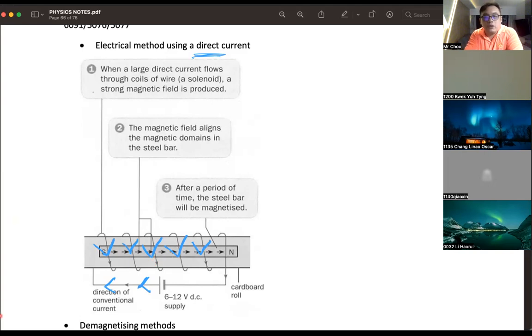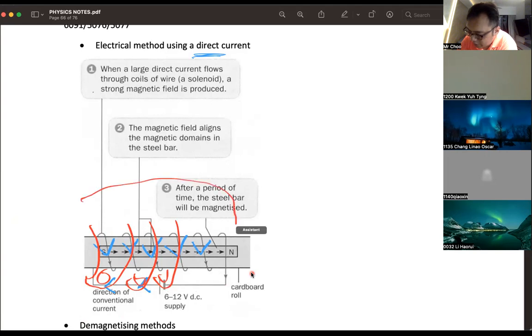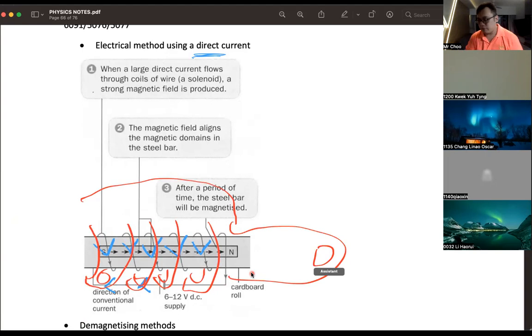Now all of you look at this diagram here. Just imagine if you were to grip this pole here, my finger is gripping, this is your right hand. My thumb will be in this direction. Wait, sorry, the fingernail will not be here.